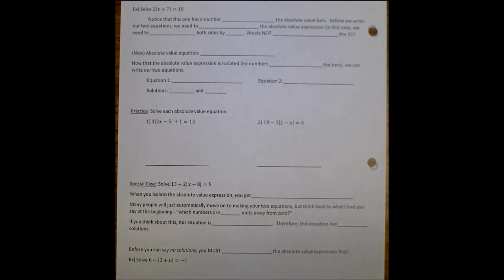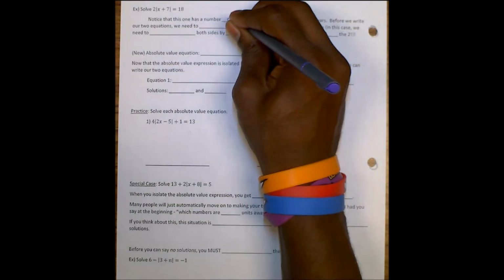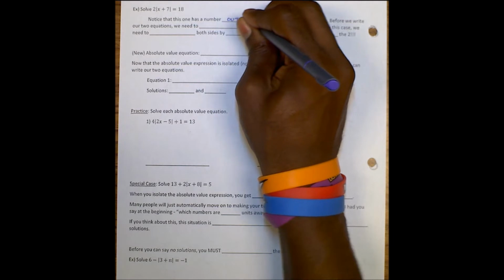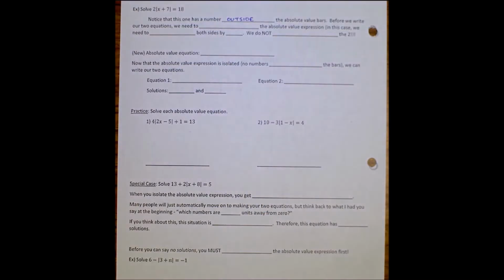Moving on, look at our next equation. We say 2 times the absolute value of x plus 7 equals 18. So notice that this has a number outside the absolute value bars. Before we write our two equations, we need to isolate the absolute value expression.